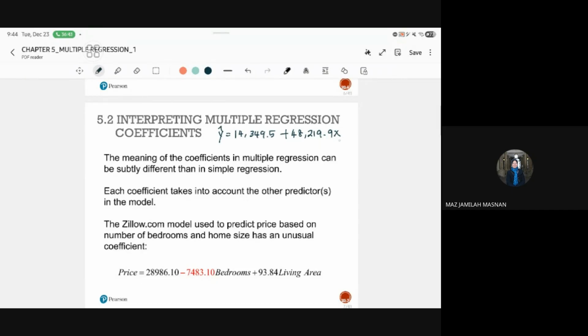This one is your bedroom, and y is your home price.